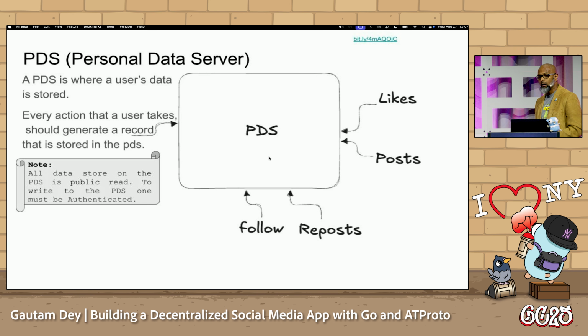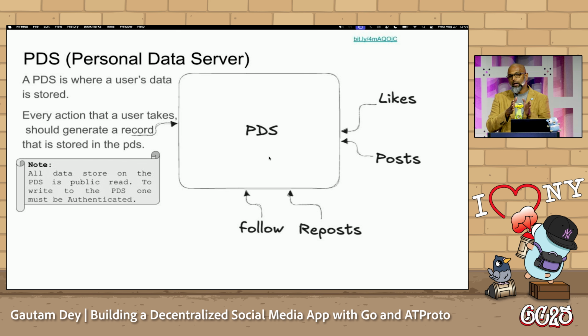So as I was saying, a PDS is the personal data server. And this is super important because, unlike other architectures like Mastodon, the user gets all their data in there, including their follows and their friends. So if they move between services, they get to keep their network with them.